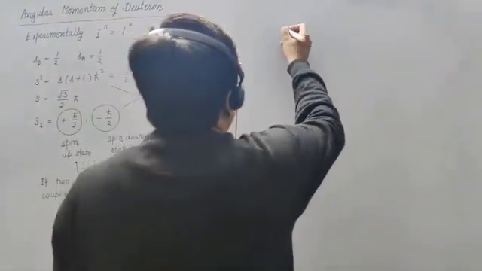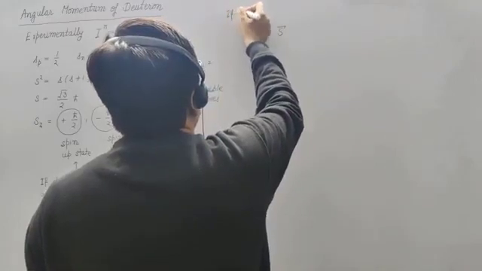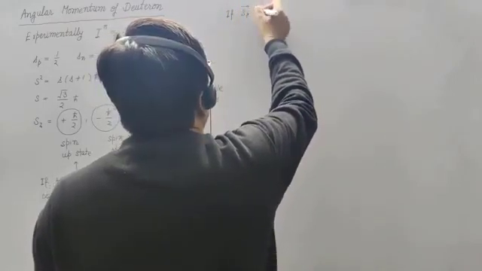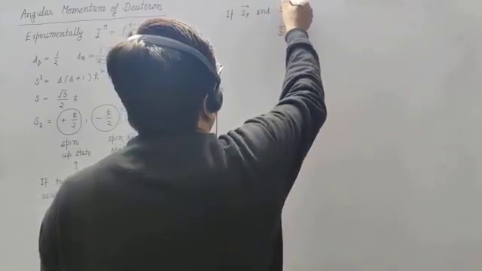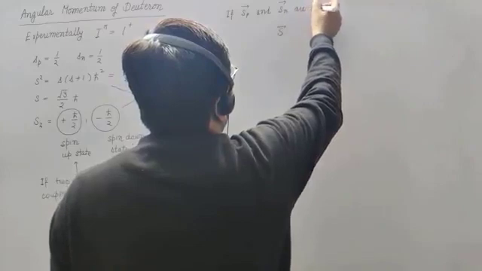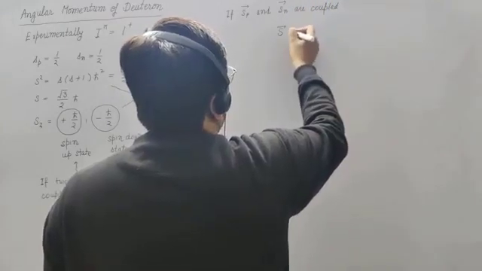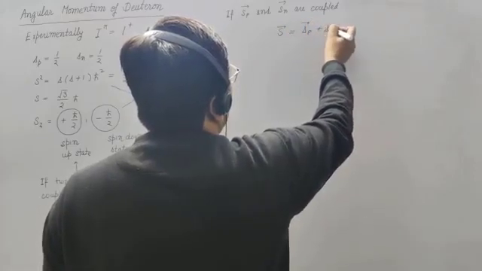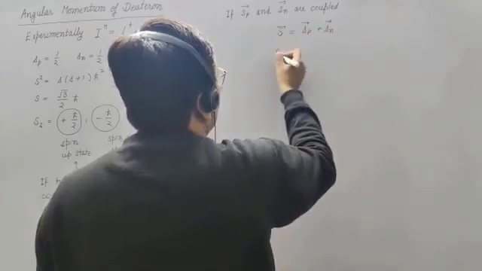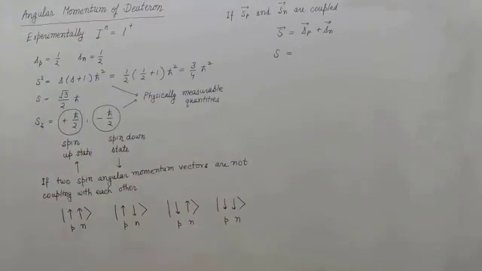Then, if SP and SN are coupled, S will be equal to SP plus SN, and this spin quantum number will have two possible values.